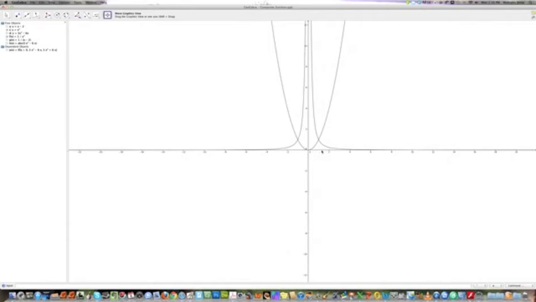Here's a 1, here's a minus 1, squared is still 1, so it doesn't change, and then we take the reciprocal. So we look at the invariant points to see where we're going to have a crossing, and then we look at the infinities and the zeros. It was 0 here, the parabola was at the origin, so the other graph's going to go off to infinity. And where the parabola is going to infinity, the reciprocal is going to go to 0.